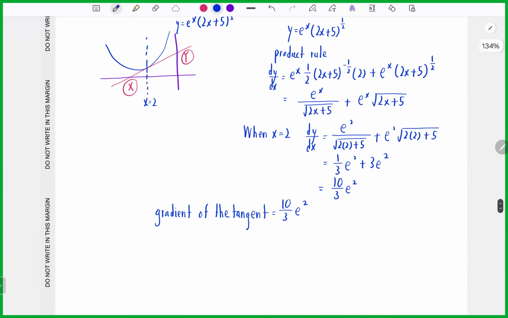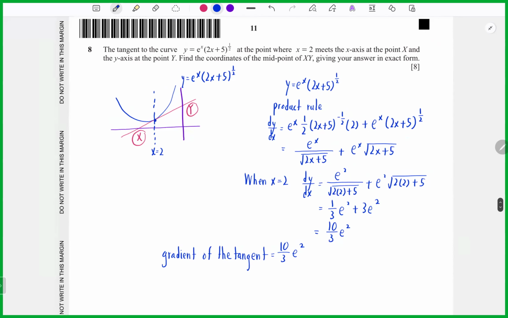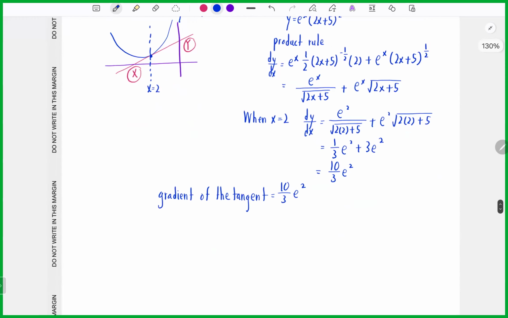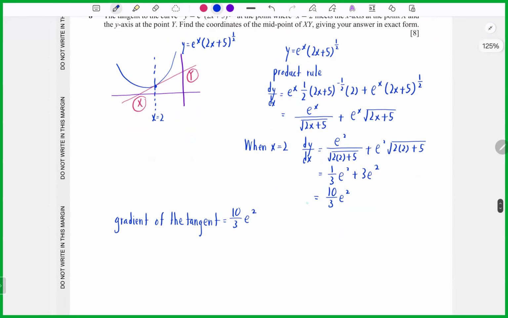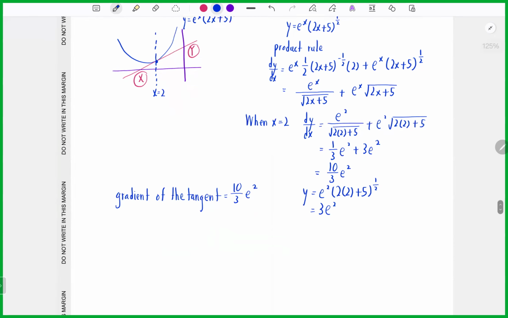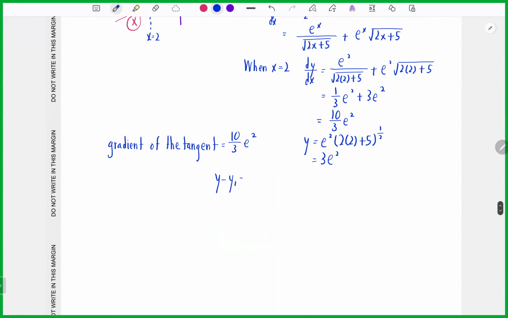Now you need to find the coordinate where x equals 2. I try to find y equals e squared times (2 times 2 plus 5) to the power 1 over 2. The square root of 9 gives 3, so you will get 3e squared. So you can use y minus y1 equals m times (x minus x1).